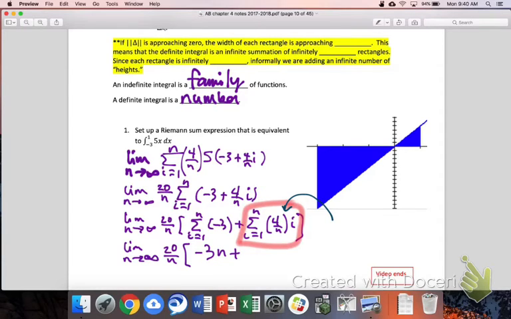I could rewrite it as 4 over n sigma from i equals 1 to n of just i, because the sigma applies from i equals 1 to n. So the 4 over n is more or less a constant multiple as far as the sigma is concerned. From that perspective, wouldn't it be fair to say that we're just doing sigma of i?